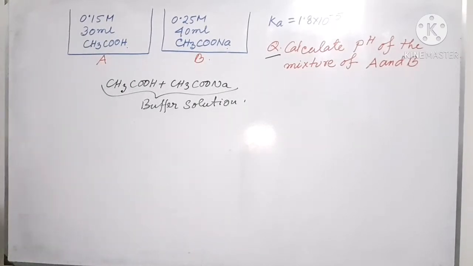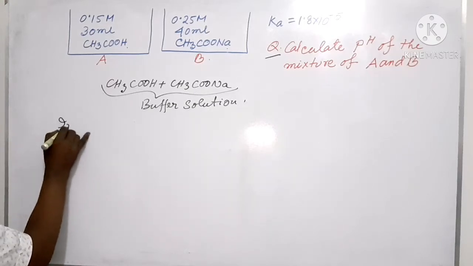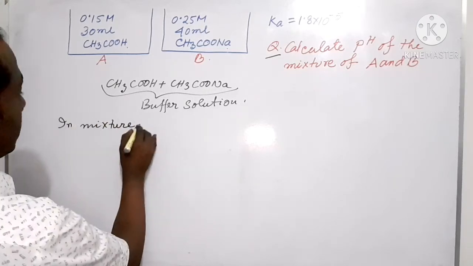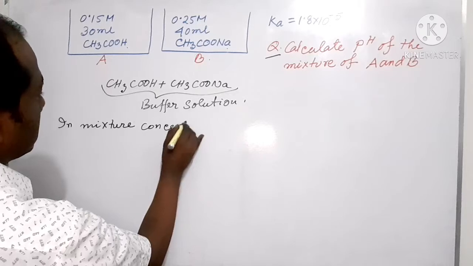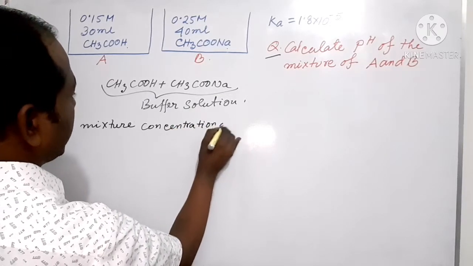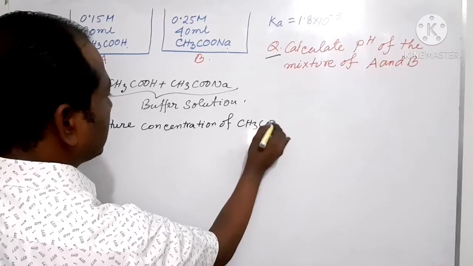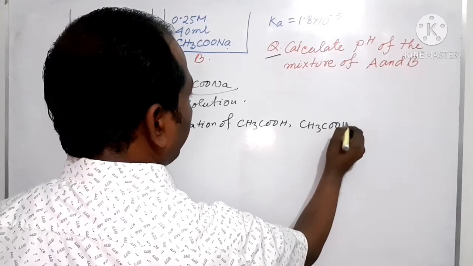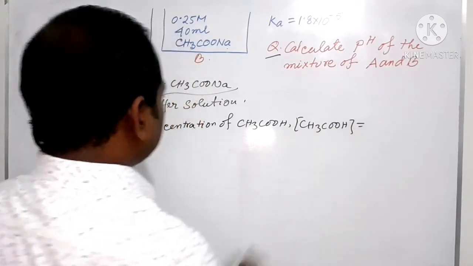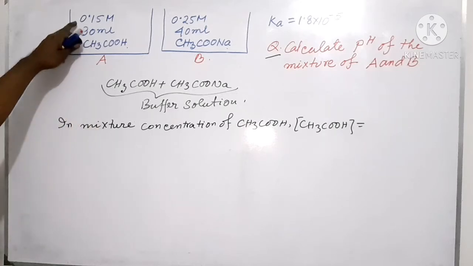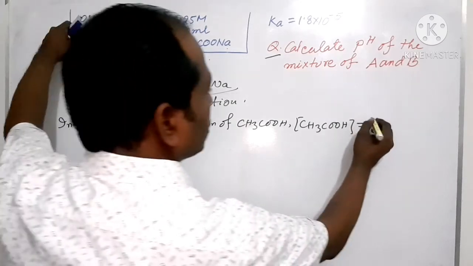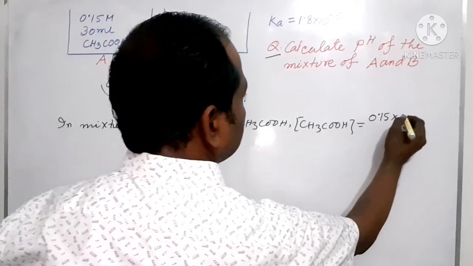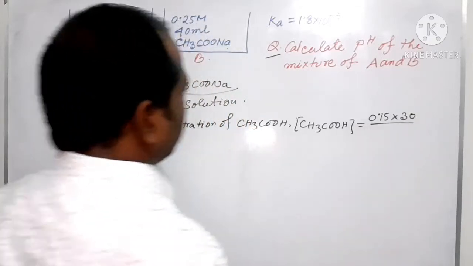So in the mixture, the concentration of acetic acid, CH3COOH in brackets, that is the concentration of acetic acid, is 0.15 into the volume of acetic acid, that is 30 ml, divided by the total volume.